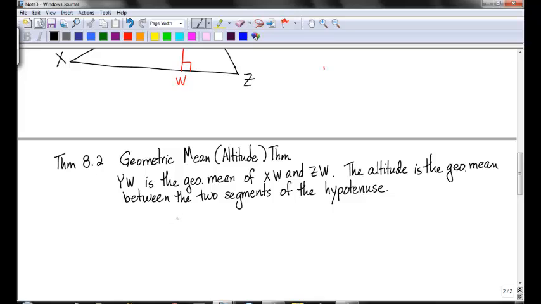And the proportion would be XW is to YW as YW is to ZW.